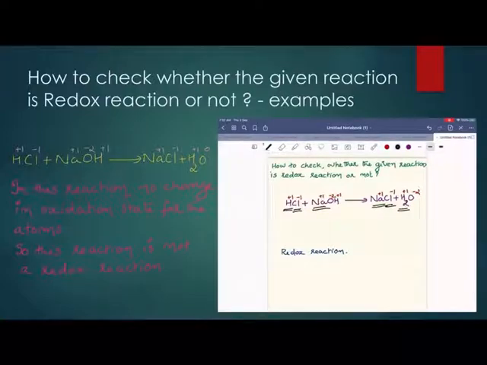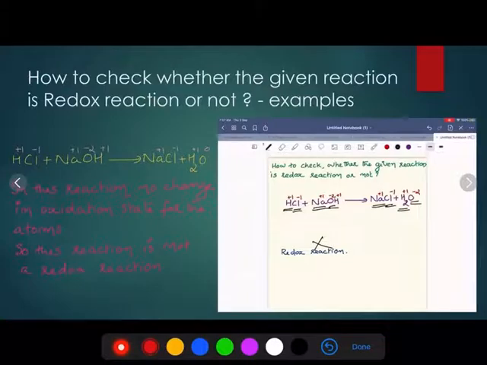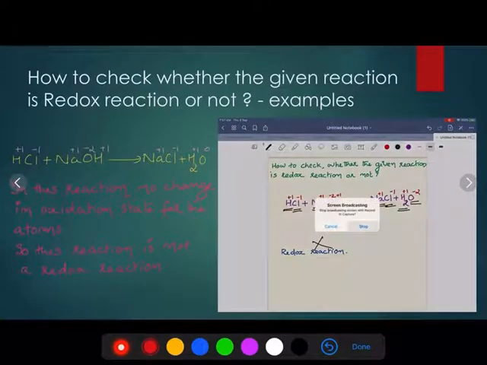Sodium, no change. Oxygen, no change. So there is no change in the oxidation state of atoms which took part in this chemical reaction. So this is not a redox reaction, because here there is no oxidation, here there is no reduction.